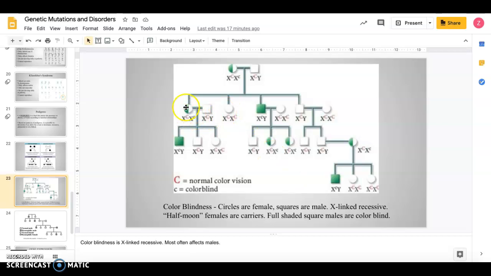The half-moon females represent carriers. While they have the colorblind allele, they also have the dominant normal vision allele, so it doesn't affect them. However, they can easily pass colorblindness onto their sons.